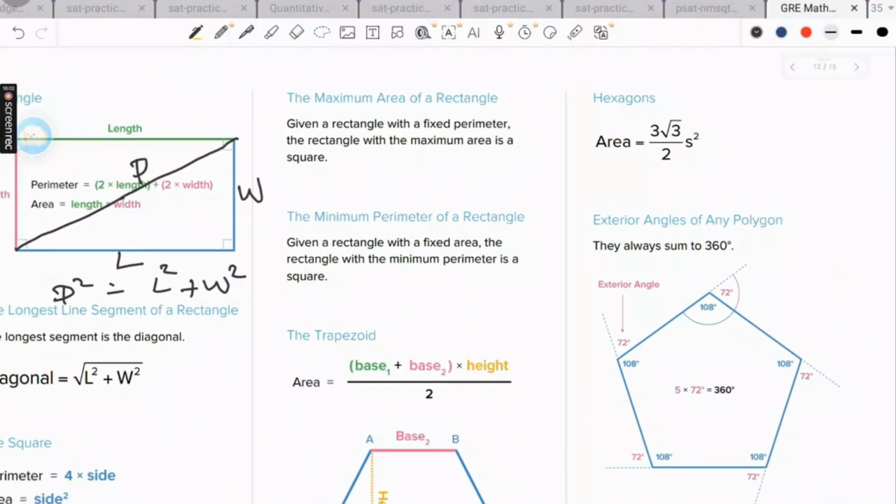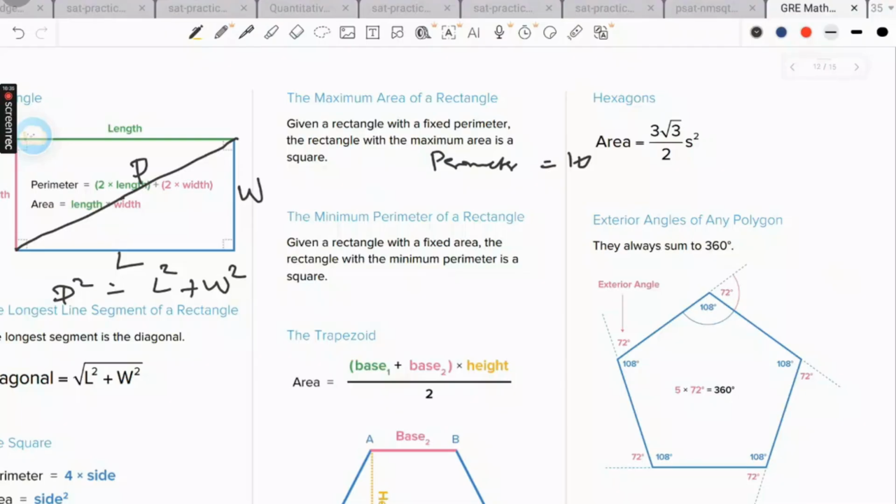The maximum area of a rectangle. Given a rectangle with a fixed perimeter, the rectangle with the maximum area is a square. See what they mean. Let's say the perimeter equals 10.